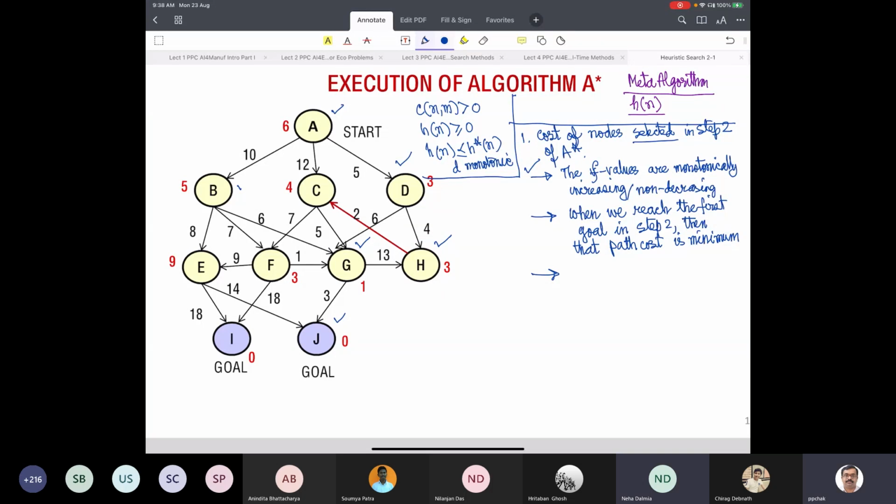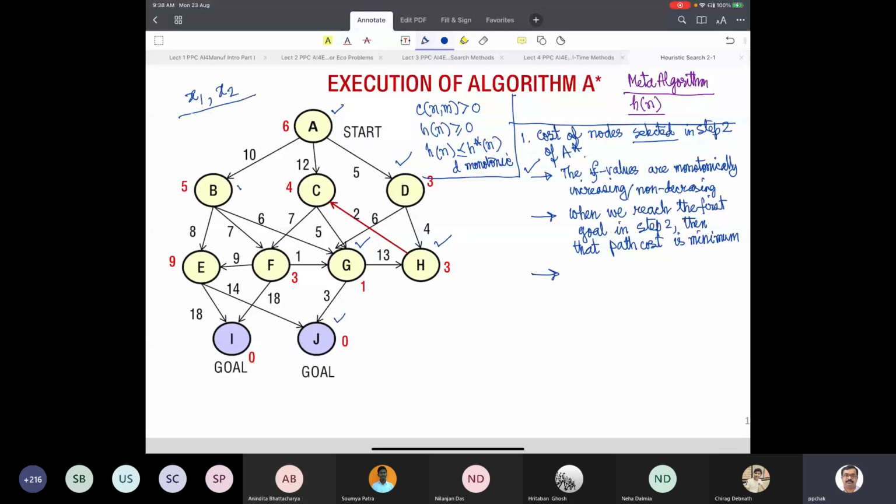So what Neha says is that I have selected one node from open, which was the minimum in open. Let the cost of that node be x1. Next time I come back to step 2, I select another node from open. Let its cost be x2.